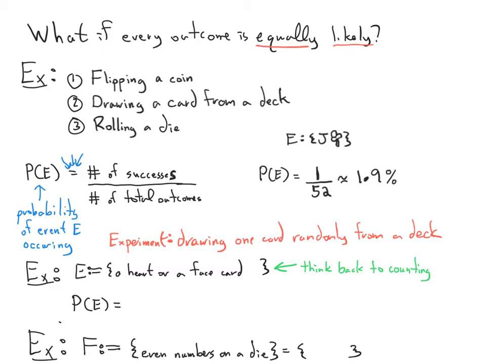So what is the probability that we draw a heart or a face card? If you remember from previous videos, there are 13 hearts in a deck. There are 12 face cards. 13 plus 12 is 25. But remember, 3 of those face cards are also hearts.